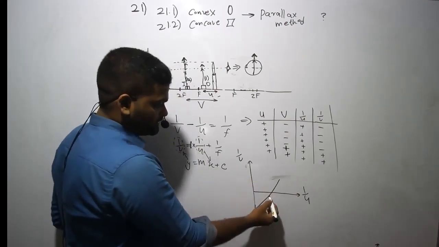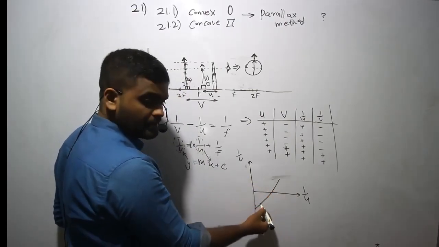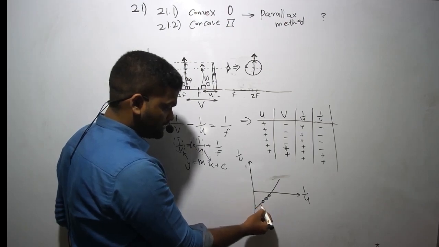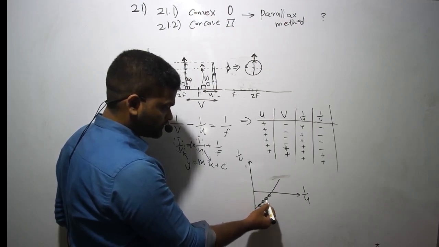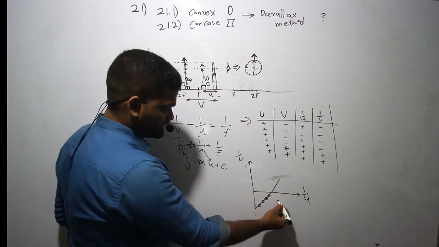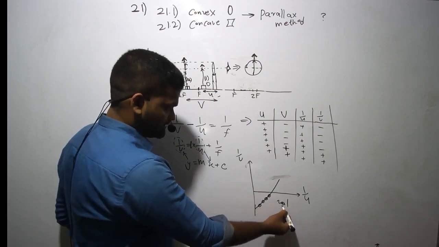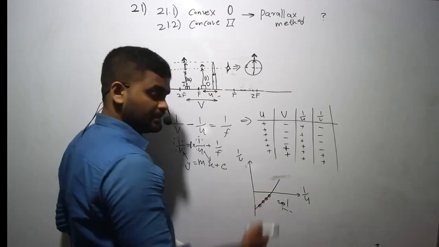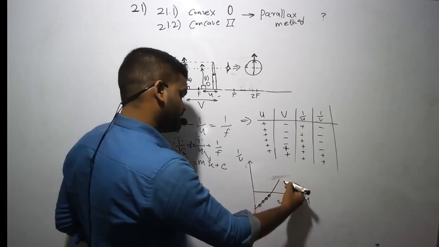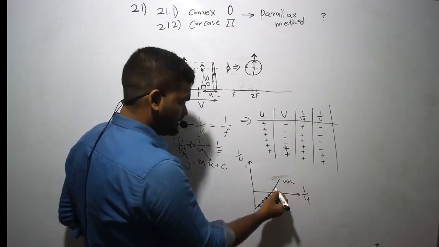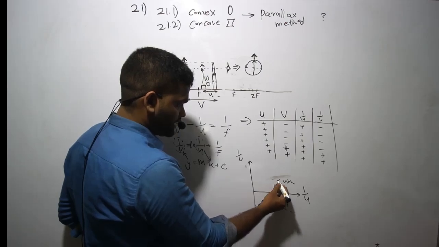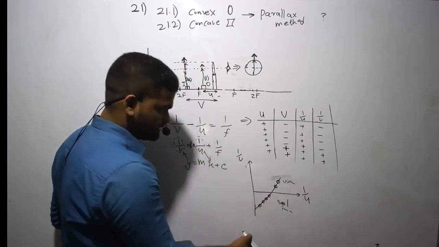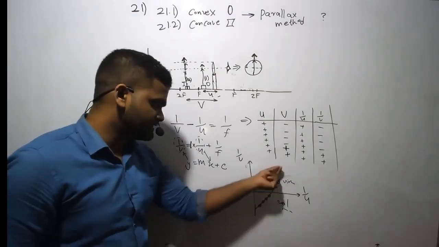So these are the real values. In order to draw this graph, you mark these coordinates like this. So 4, these are real images. Negative values are for real images and positive values are for virtual images. We just took 2 coordinates for that. So you can mark these coordinates and just draw the graph.